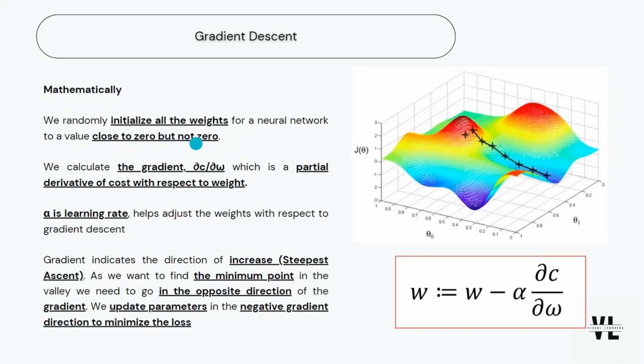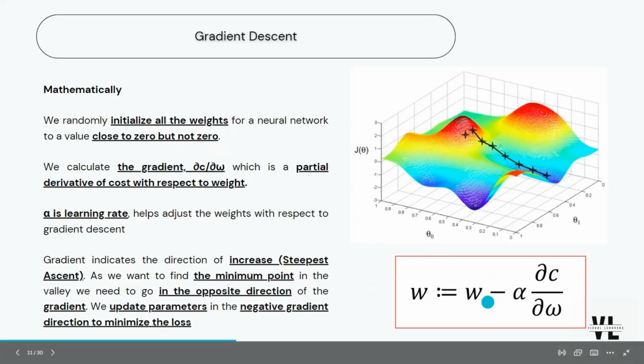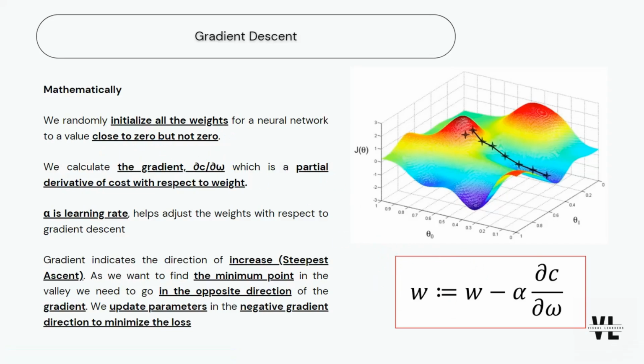If it is initialized to 0, our model is not going to learn anything. That's what is known as vanishing gradients, and they don't update our weights. We also don't want the weights to be very large, so that it doesn't lead to exploding gradients.